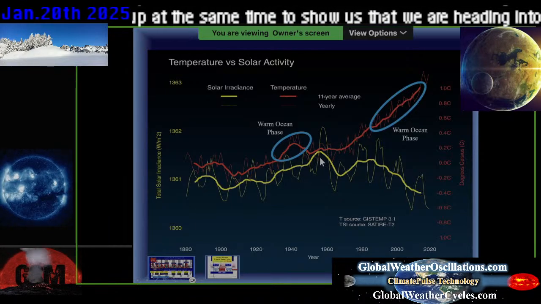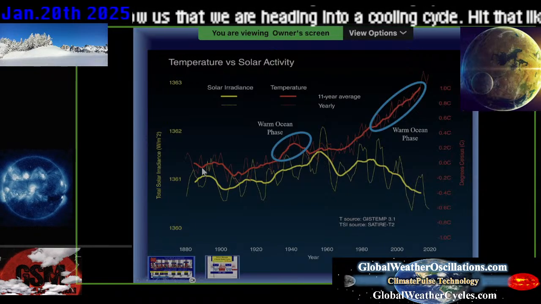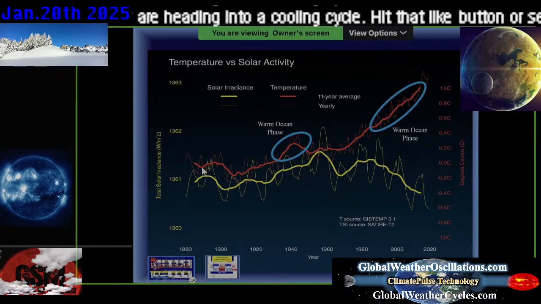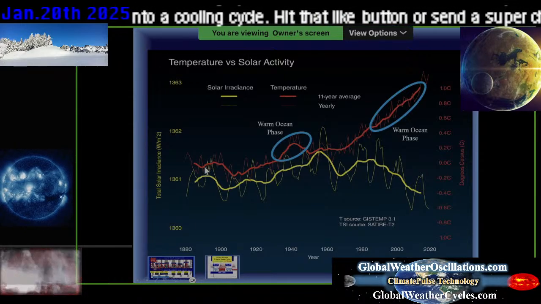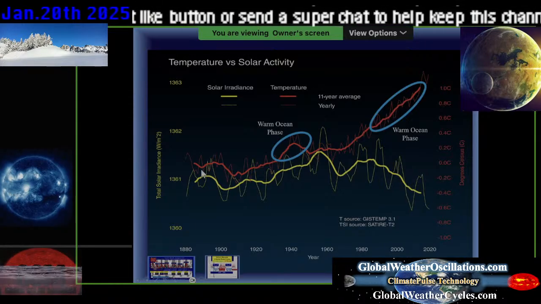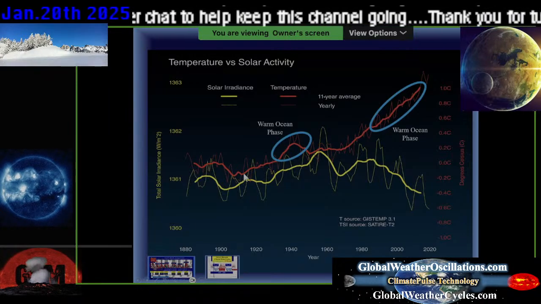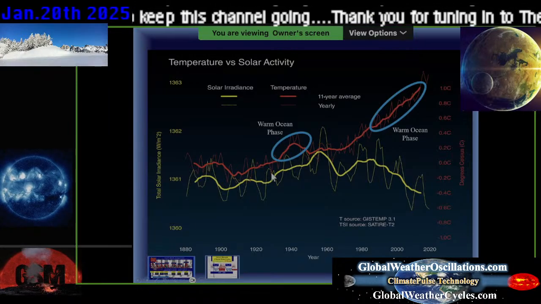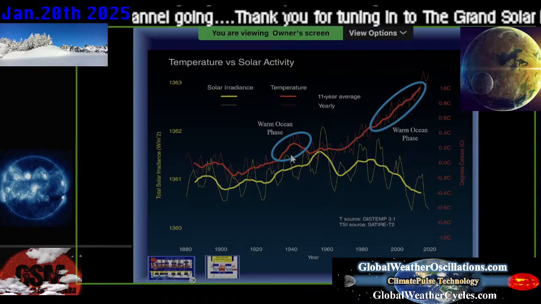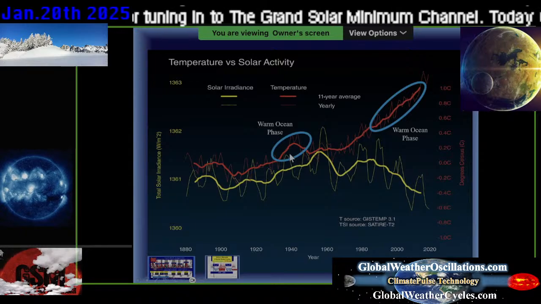Now, the red line is what the government says, this is from NASA.gov, the global temperatures. And you can see starting in 1880, it goes pretty good with the solar activity, up and down, up and down. Then what happened around 1940? Big jump in global temperatures.